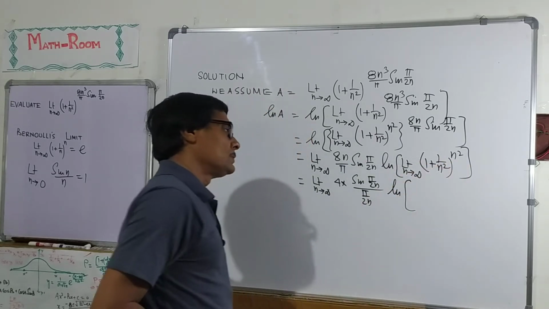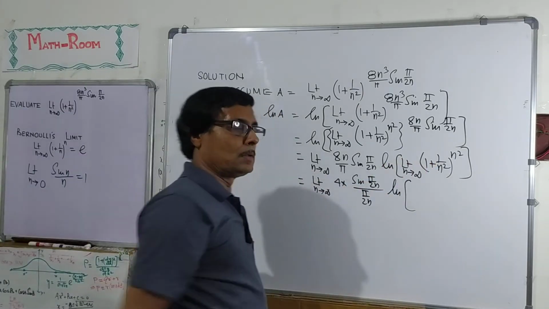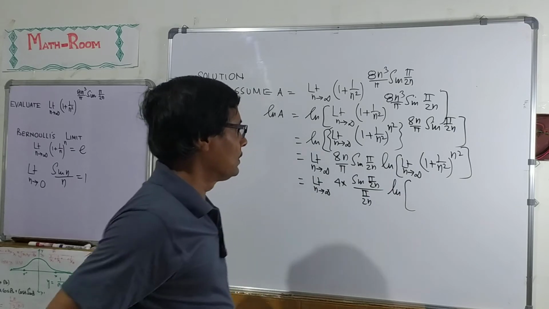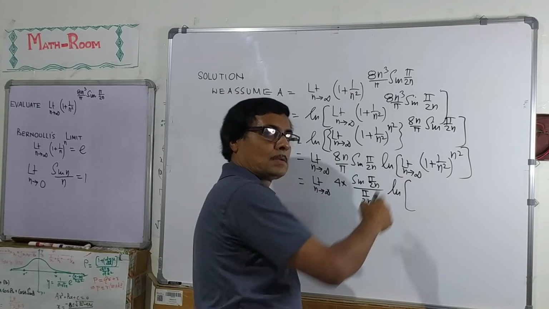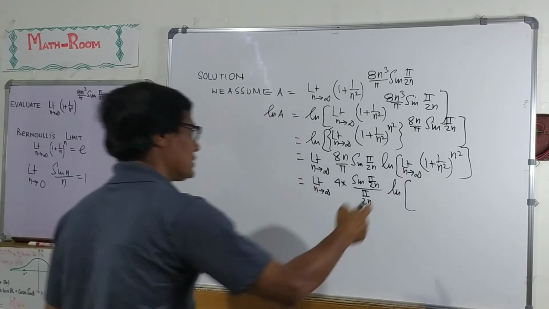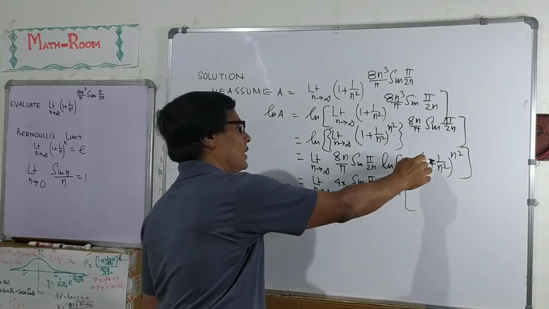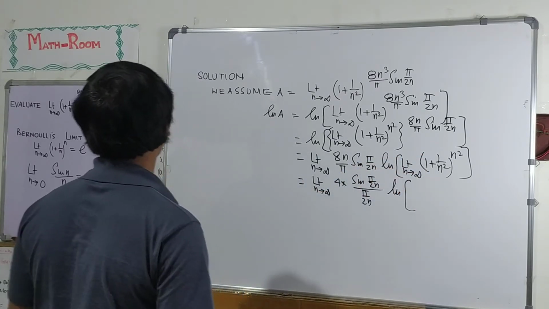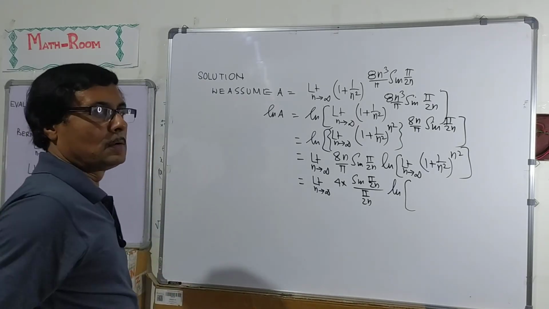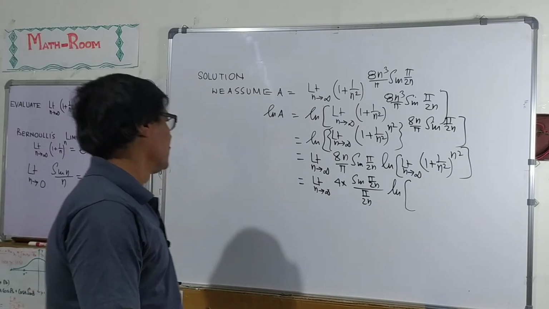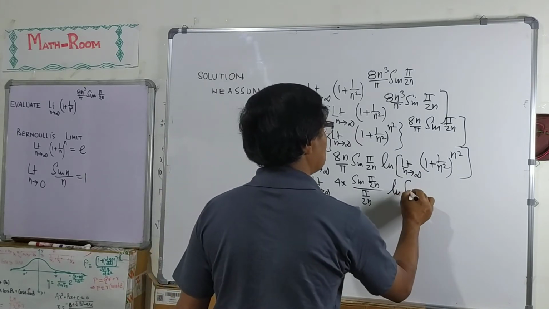This limit is in Bernoulli's limit form, so its value is e, because Bernoulli's limit is the limit n tends to infinity of (1 plus 1 over n) to the power n equal to e. So this is Bernoulli's limit, so its value is e, that is logarithm e.